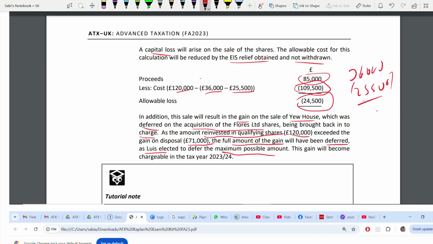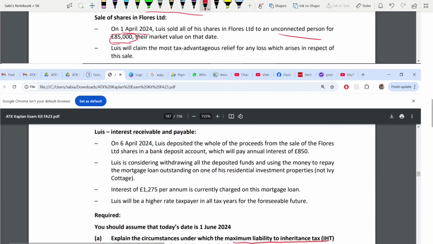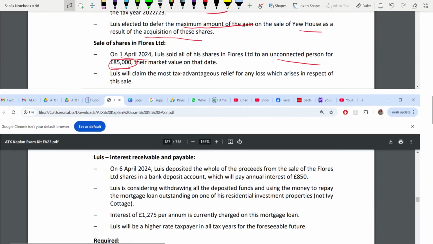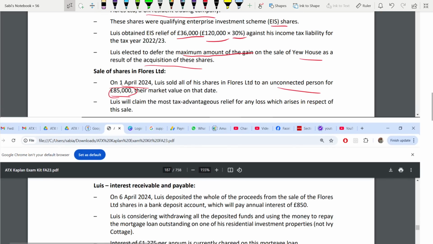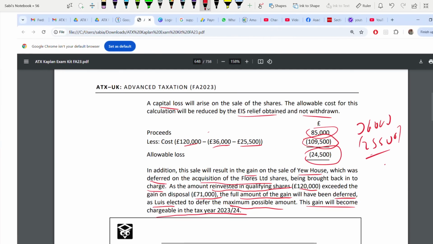So because you have deferred the entire amount, that gain will become chargeable in the tax year 23-24. Very important is which tax year it will be chargeable. Please go back and check. You are selling it 1st April 24, so in 23-24 it will be chargeable. You got the relief in the previous tax year; this tax year it will be chargeable.